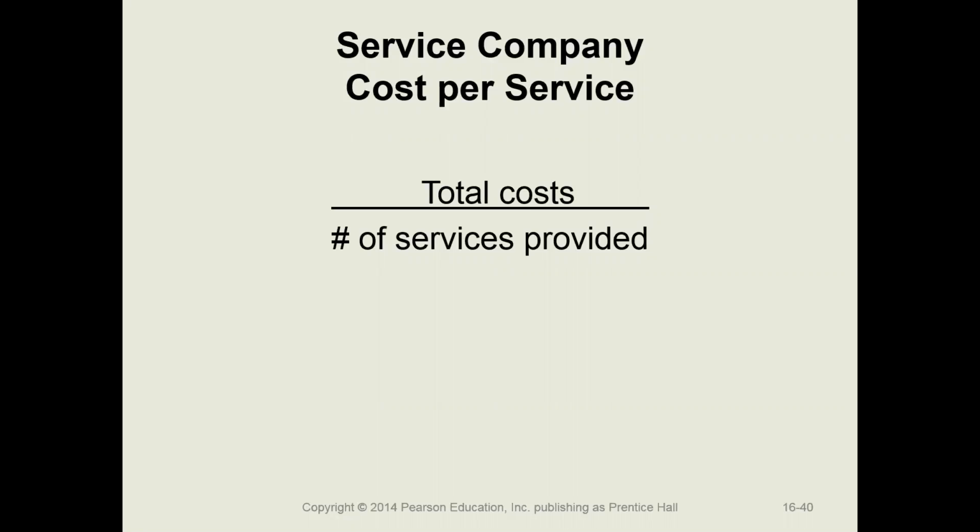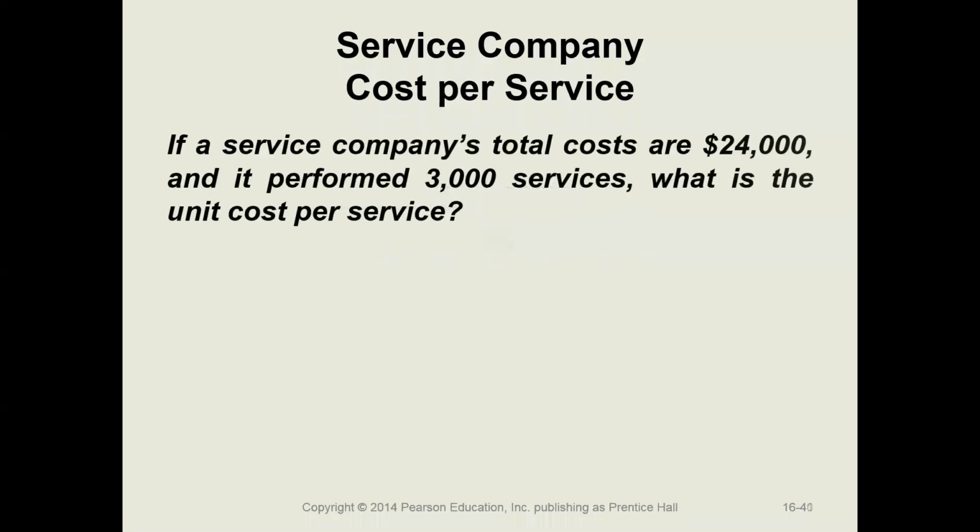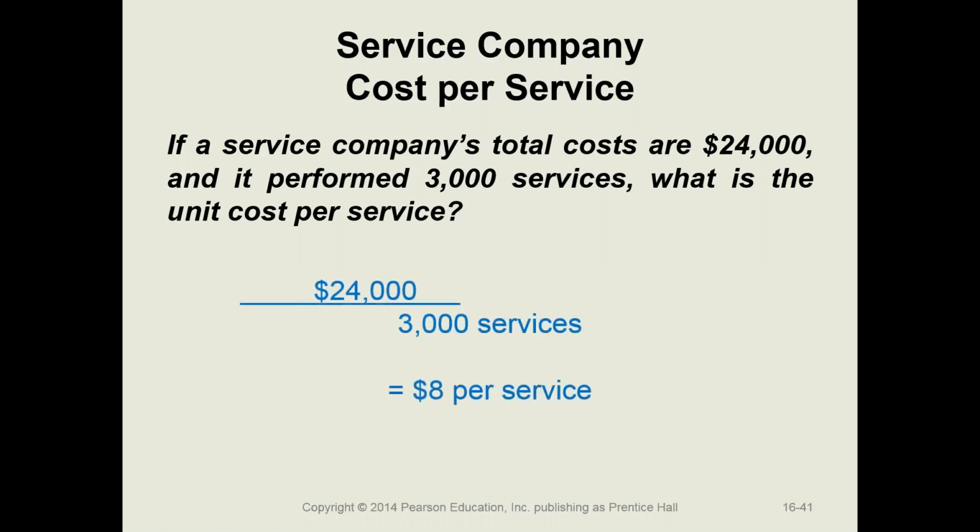So we keep track of our costs by the number of services provided. That could be each customer or each project. So for example, if a service company's total costs are $24,000 and we perform 3,000 services, what's the unit cost per service? Well, simply the 24,000 divided by 3,000 services, so $8 a service.